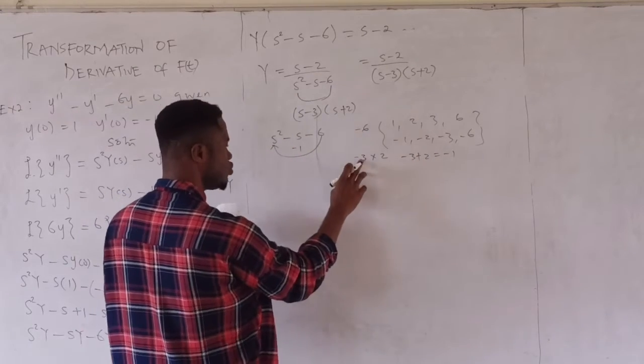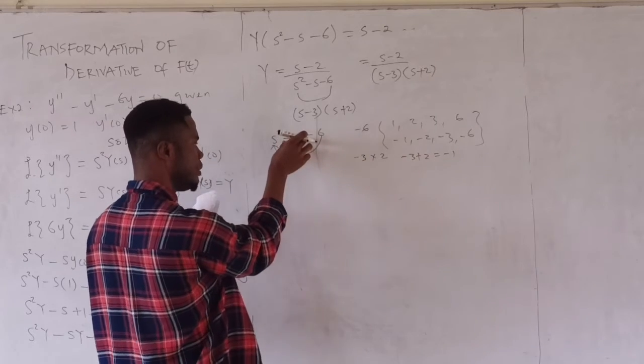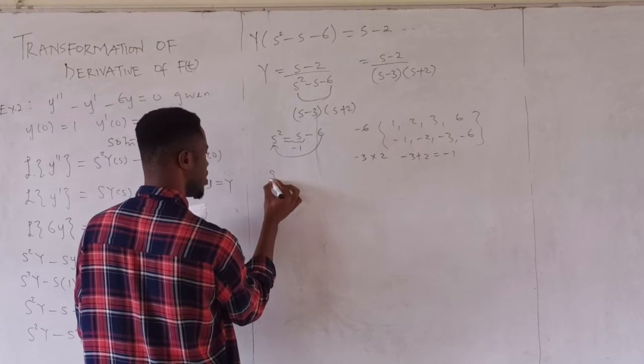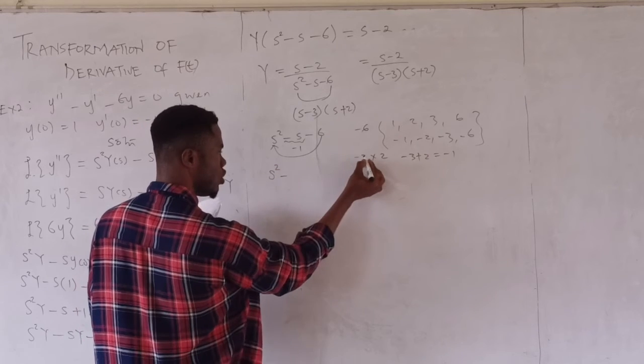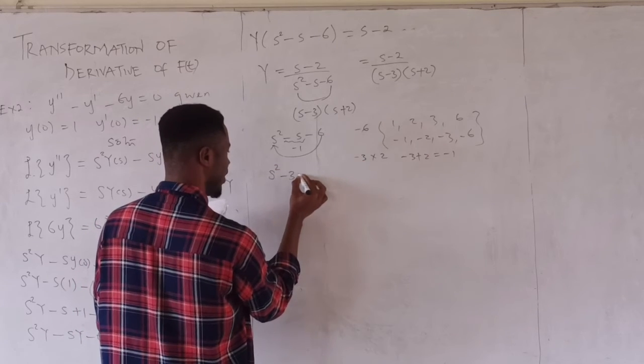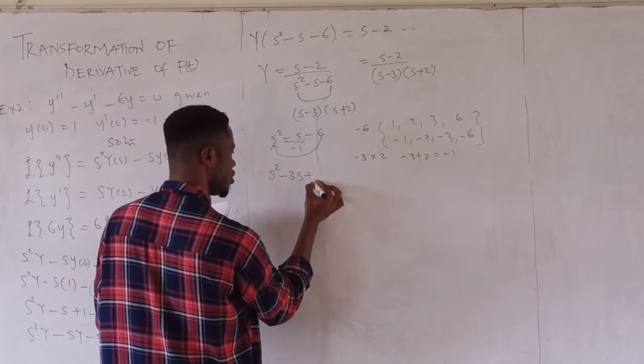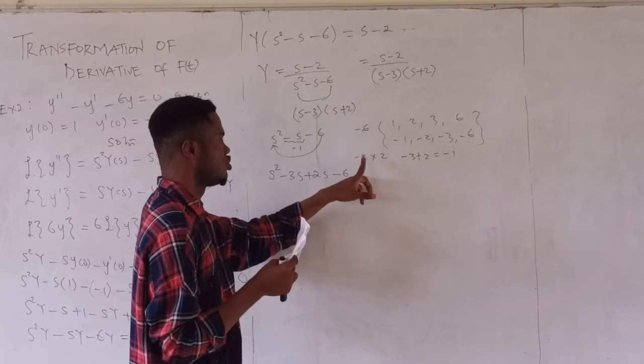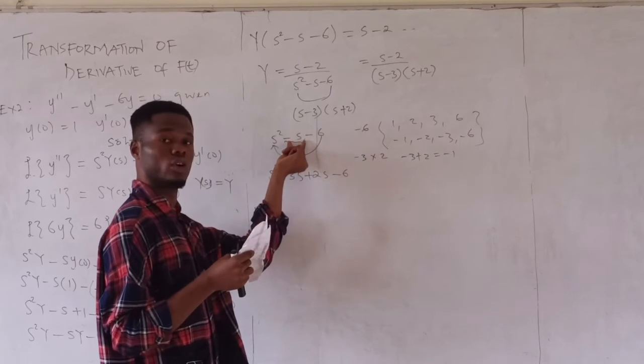So if that is the case, we are going to use these two numbers to replace the middle term. So this becomes s squared minus 3s plus 2s minus 6, right? So the idea of those numbers is just to replace the middle term.